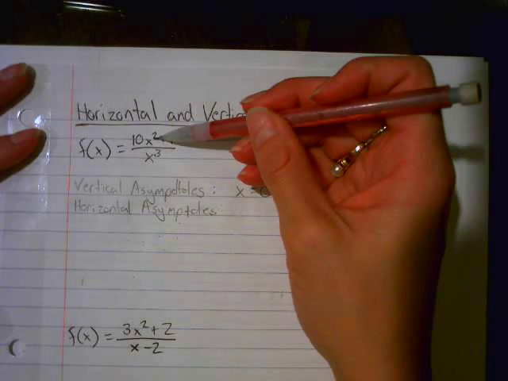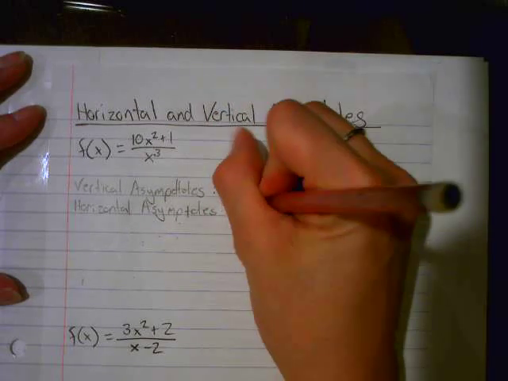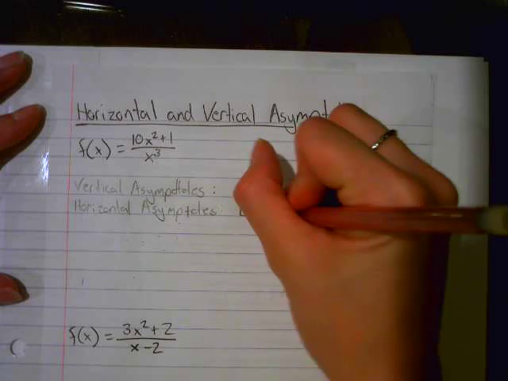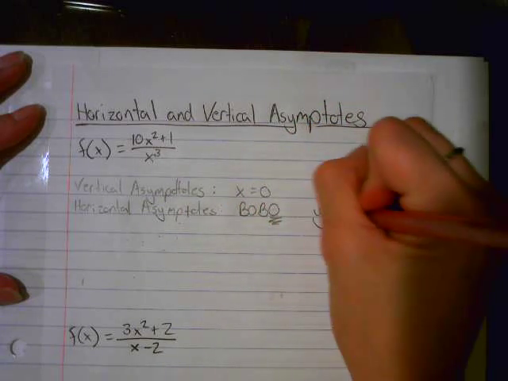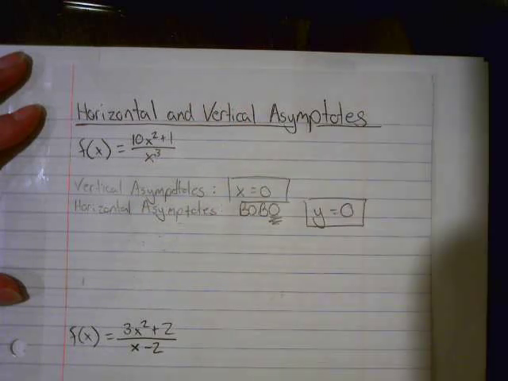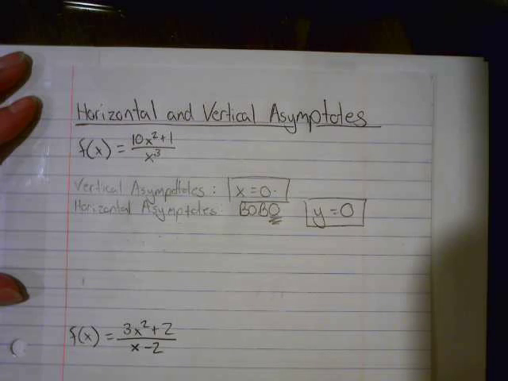In this case, our exponent or degree is bigger on the bottom. Anytime it's bigger on the bottom, my memory trick is BOBO, bigger on bottom means y equals 0 is going to be our only horizontal asymptote. So far we have x equals 0 as the vertical asymptote and y equals 0 as our horizontal asymptote.